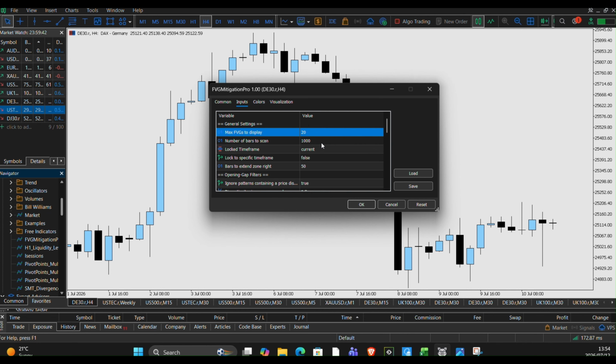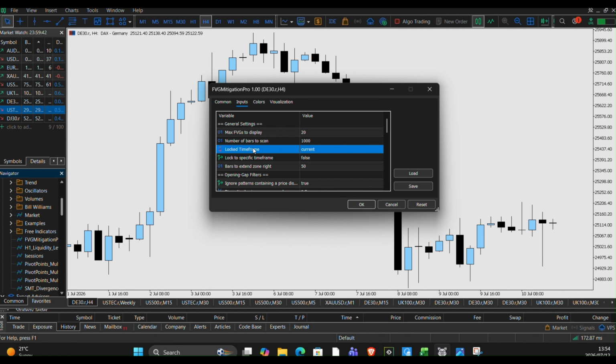Just be careful that if you go too far back, it might slow your computer down, especially if you're showing the fair value gap indicator on many different instruments. I know MT5 can get slow, especially during market conditions that have a lot of liquidity and volatility. For example, during the New York Open, when the market is moving quite erratically.